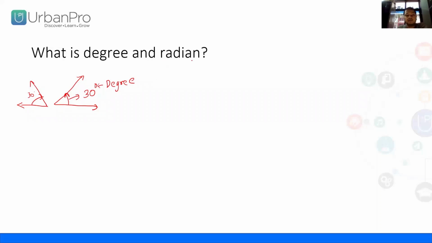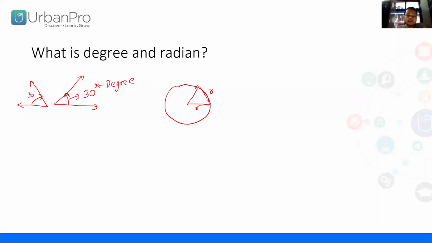Okay, now what is radian? Radian is something different. If I draw the circle and I take the radius part, and of the same length I take an arc of that radius, this will also be r.